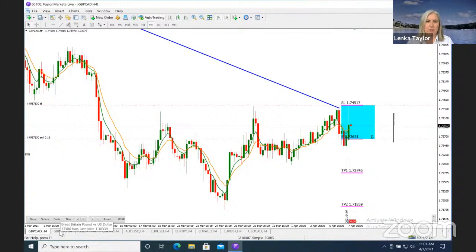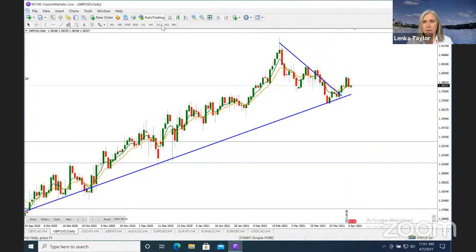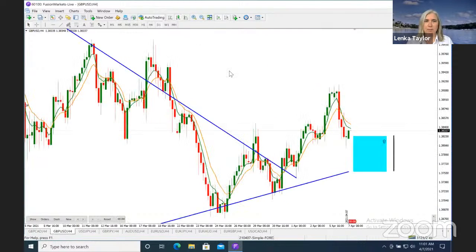The next currency pair I'm going to have a look at is the GBPUSD. So with this currency pair, I am now looking at a long, as the daily direction is still looking like it might be going up.